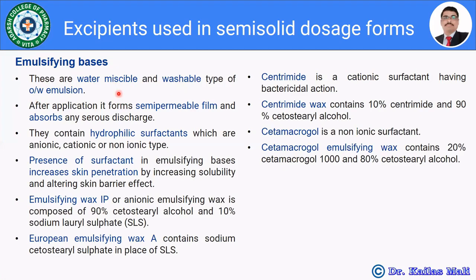So it is going to be washed easily. After application, it forms a semi-permeable film and absorbs any serous discharge. Say, for example, we have applied the emulsifying base on an open wound. It is going to form a semi-permeable film, as well as whatever skin discharge is there, it is going to be absorbed by the emulsifying base.